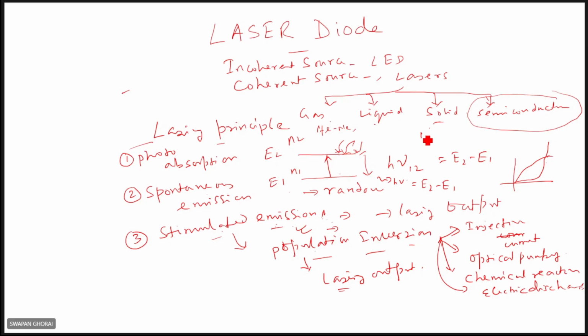Organic dye is used in dye lasers. And solid lasers, like Nd glass, very high power lasers, Nd:YAG, neodymium YAG, ruby lasers, etc. These are the different types of lasers. Also, we can have lasers based on semiconducting materials, called laser diodes (LD), based on pin junctions.